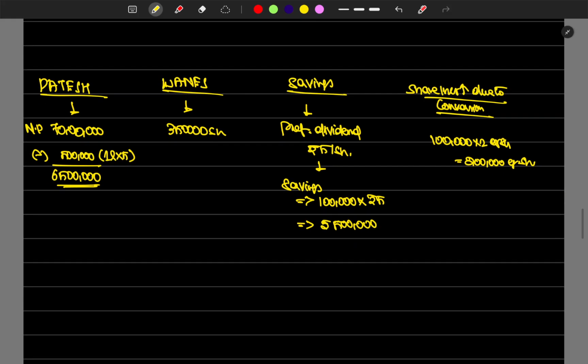Now let's quickly calculate the basic EPS and diluted EPS. Okay, basic EPS is 65 lakh divided by 3,50,000, which is rupees 18.57.